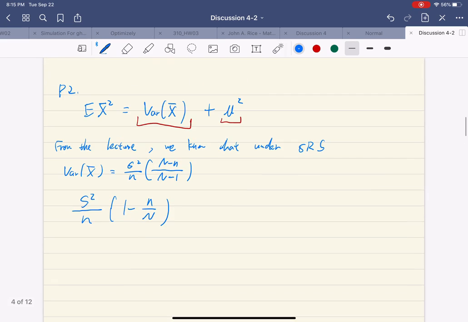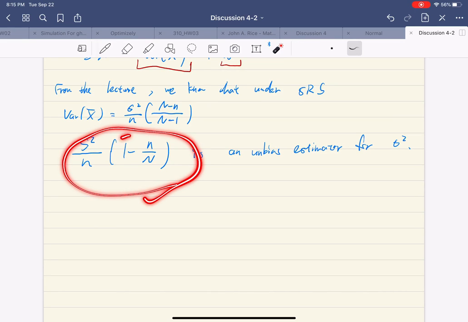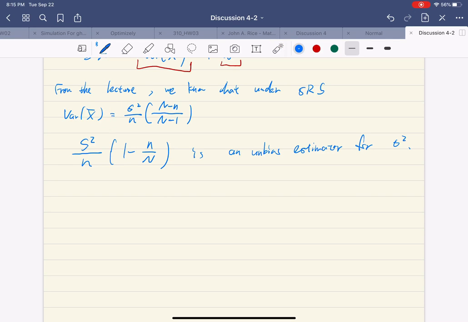This one is an unbiased estimate for sigma square. So if we plug it in for sigma square, then we can get an unbiased estimate for the variance of S bar.